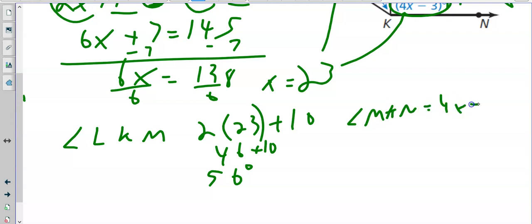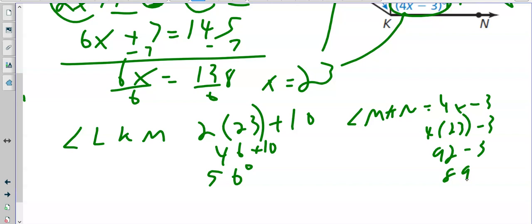MKN is 4x minus 3, and say 4 times 23 minus 3. Now 4 times 23 is 92 minus 3, and that's 89. Oh, look, remember how I said you couldn't assume?